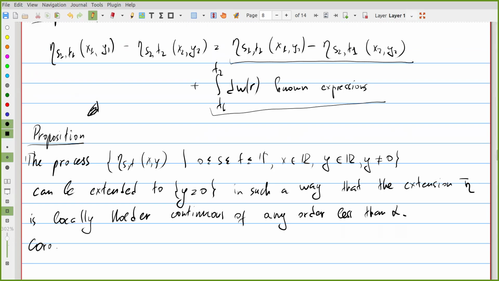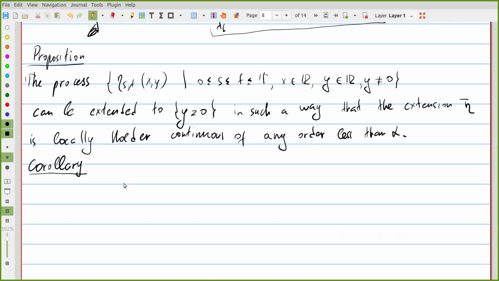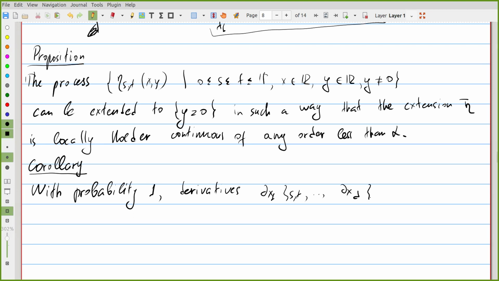Corollary would be as follows: with probability one, derivatives dx1 psi st, ..., dxd psi st exist.